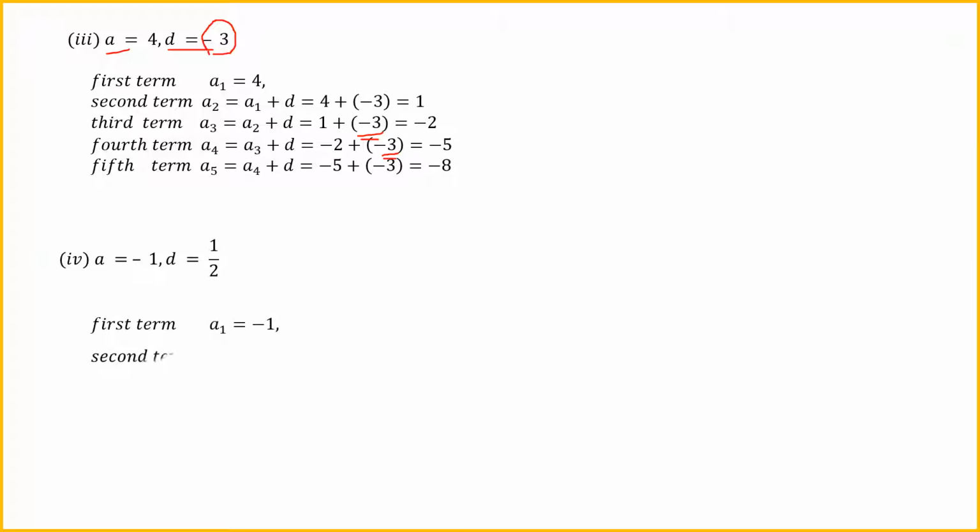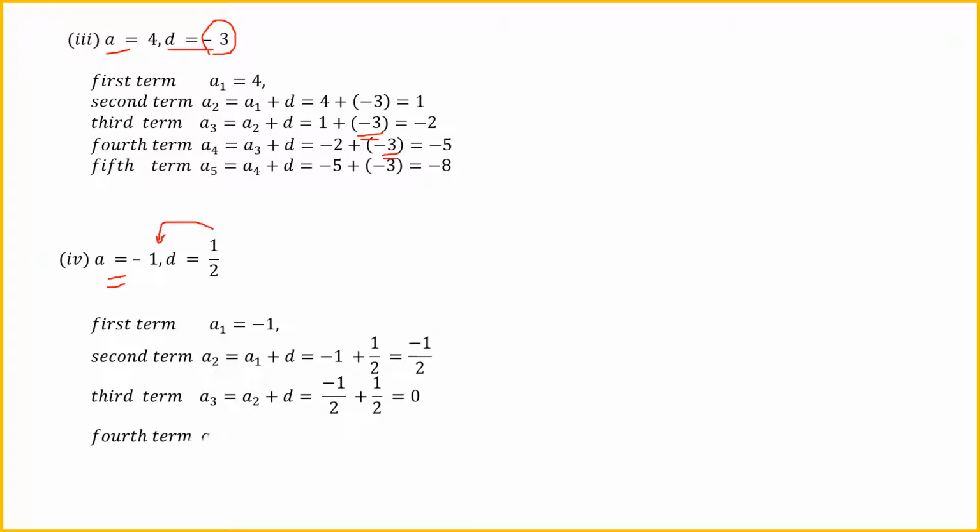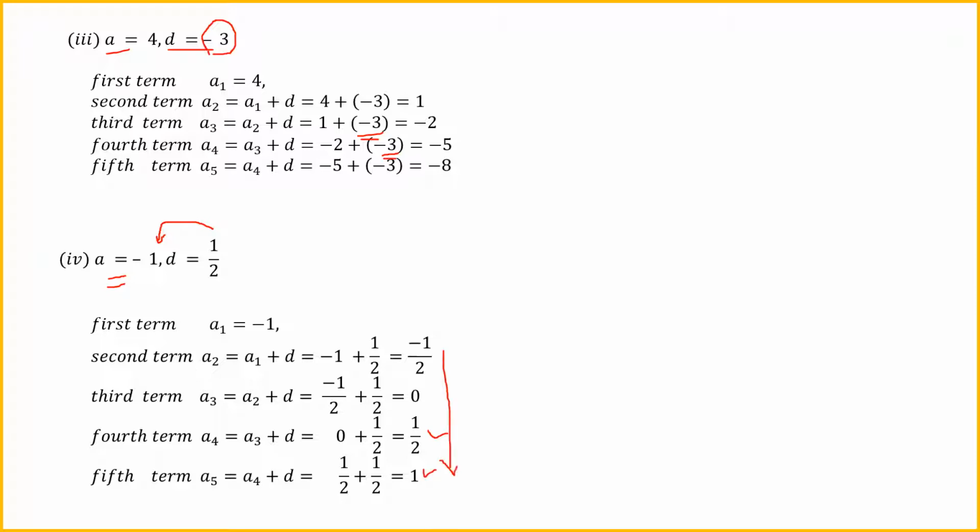The first term, as we know, is -1 given, and keep on adding half to your preceding term. -1, add half to it, you get -1/2. Add half to it, you get 0. Add half to it, you get 1/2, and add half to it, you get 1. So the required terms are -1, -1/2, 0, 1/2 and 1.